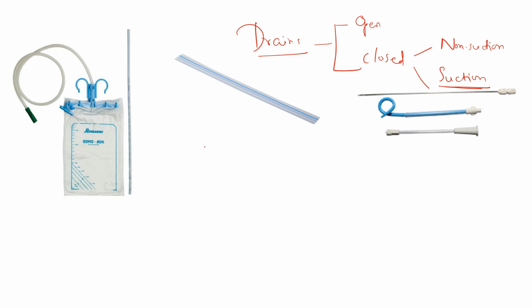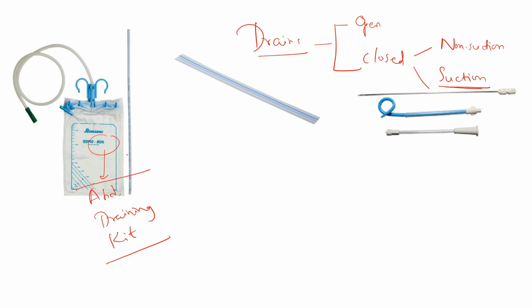Now, as we can see from these pictures, this is your ADK drain. ADK is nothing but your abdominal draining kit. Usually for any major abdominal operation, like perforation closure or any major surgery, we use this abdominal draining kit drain.